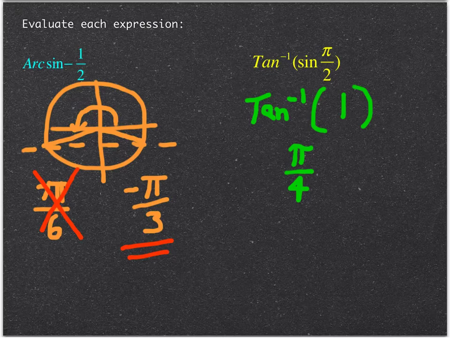Now there's another tangent that also gives us 1 down in the third quadrant. That would be 5 pi over 4. But remember, with these inverse things, we are restricted. Basically, of the two quadrants given, one will give you positive values of your answer, one would give you negative. So that's something to keep in mind there as well.